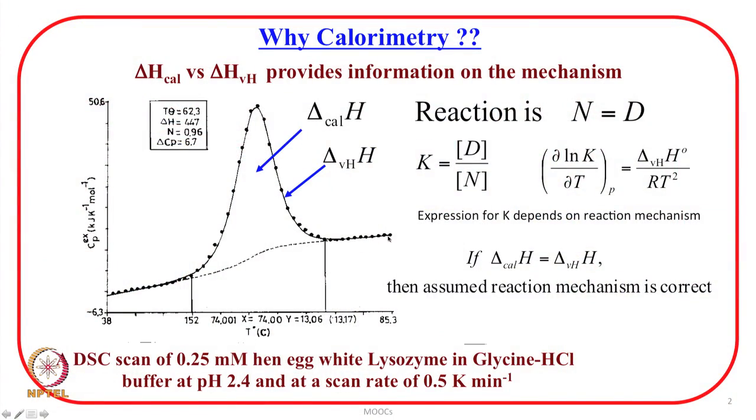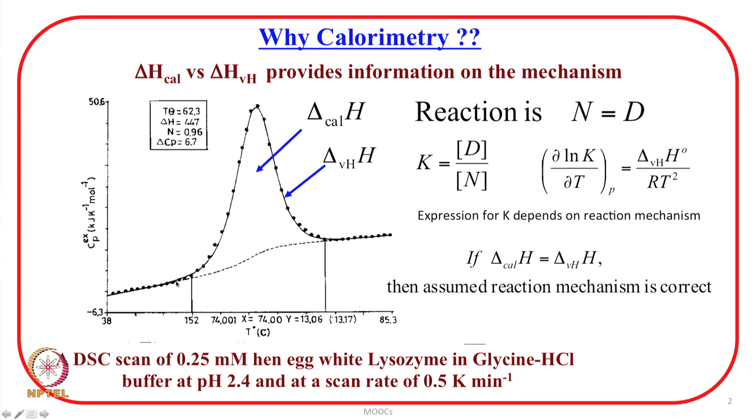So, let us discuss why there is an increase in heat capacity with temperature, and why the heat capacity of the denatured state is higher than the heat capacity of the native state. The slopes are different, and this dotted baseline that we are seeing here is actually the calculated baseline, which takes the average dependence of the Cp versus T of native state and Cp versus T of the denatured state.